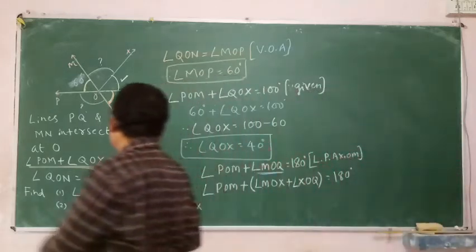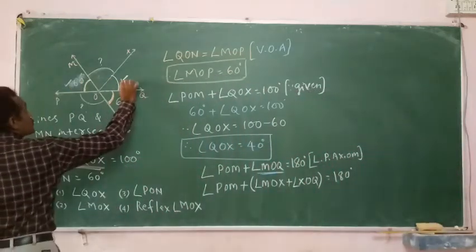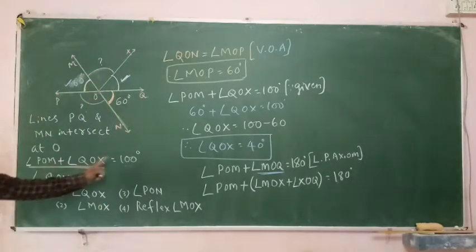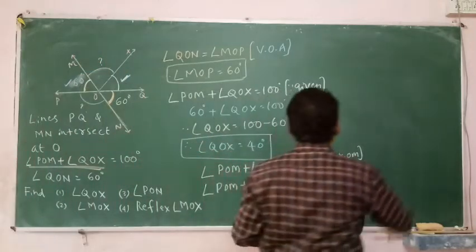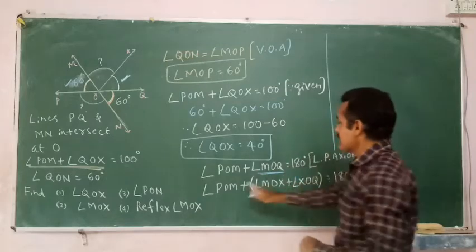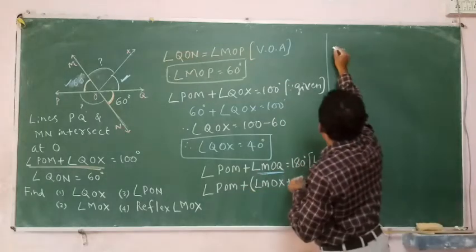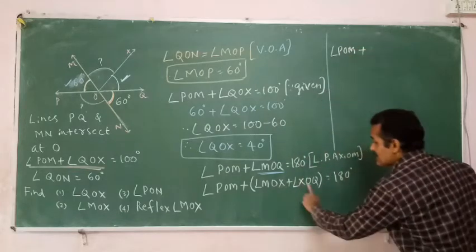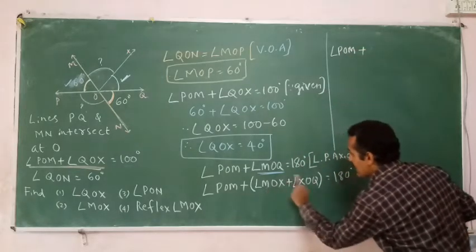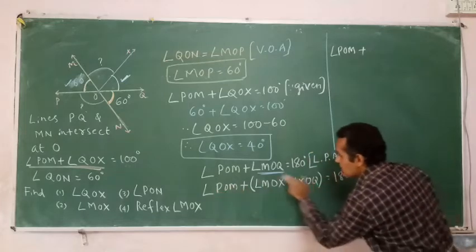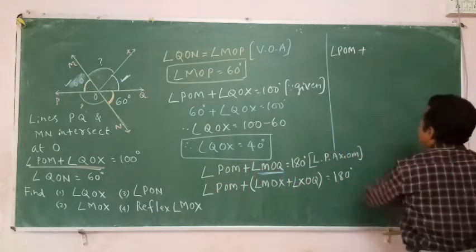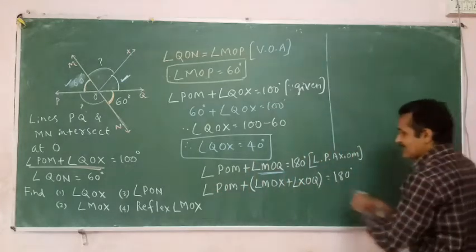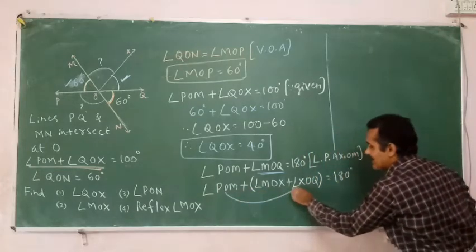But what I know? I know sum of these two is equals to 100 degree. I will rewrite it like this. Angle POM plus this I will write first, this I will write next, because sum of these two is equals to 100. Otherwise also I can write like this. I can just show one arrow mark like this.